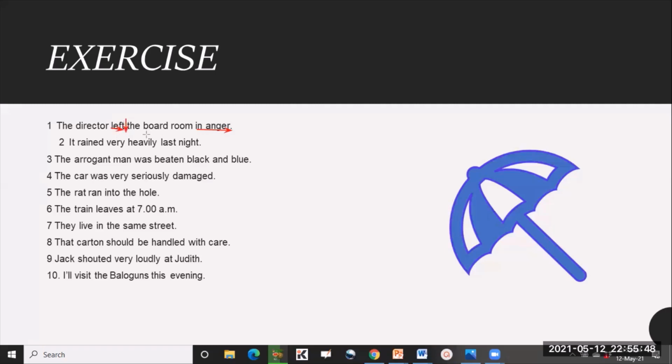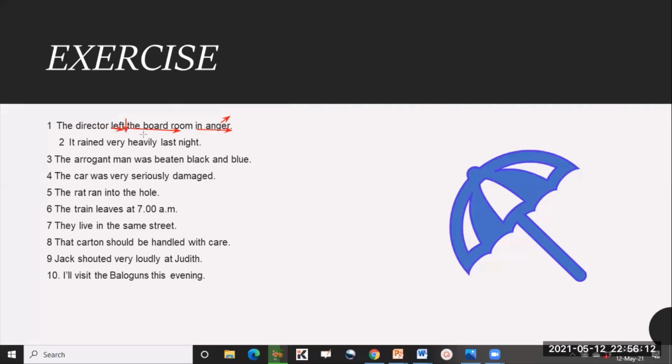There are two questions that will arise. Where did he go to? Or from where did he leave? He left the boardroom. How did he leave? In anger. All right. So this is an adverb of manner.